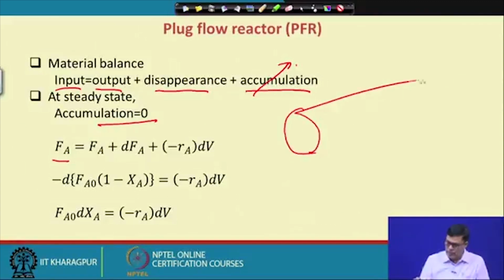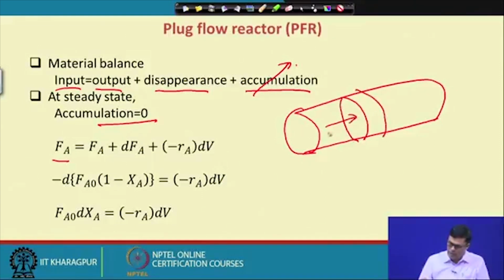I told you this is the tubular reactor, and we assume a differential segment here. So Fa is coming in and Fa plus dFa is going out. And what is the volume of the segment? The volume of the segment is dV.